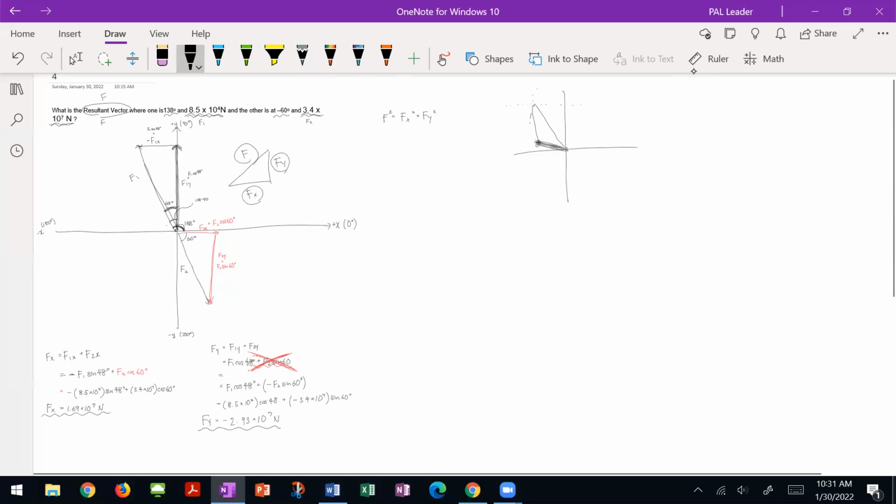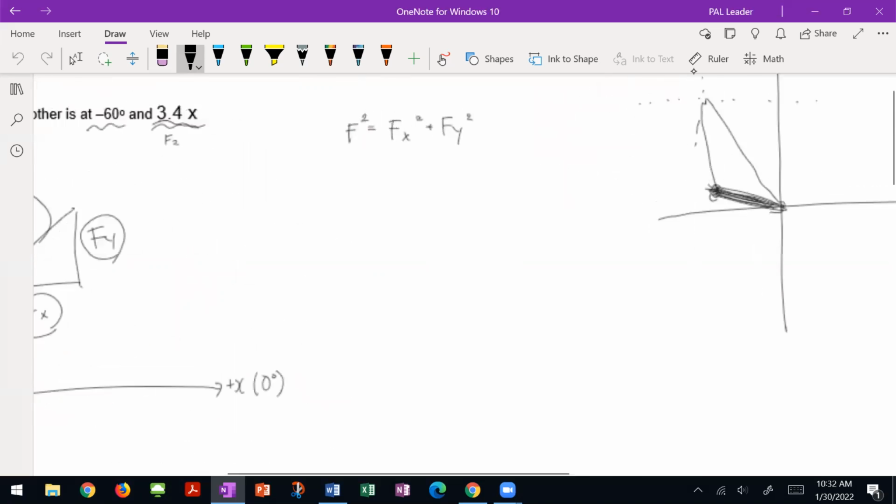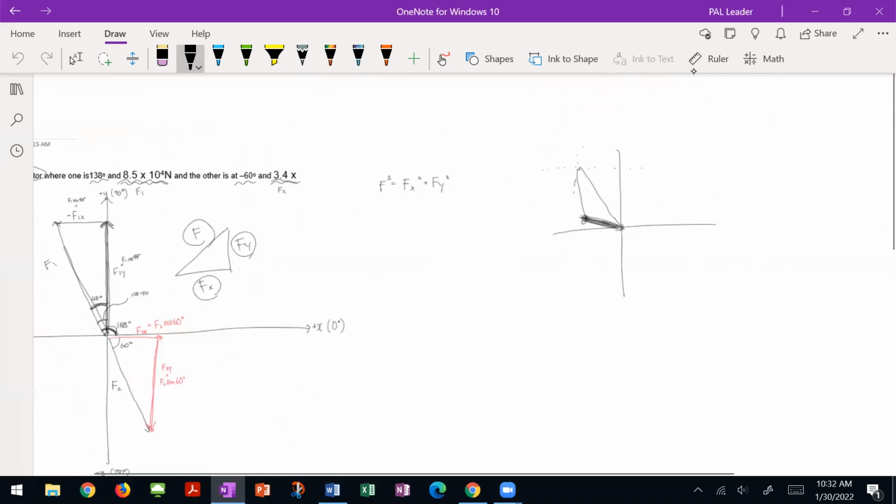I was going to say x might be negative, but our Fx value is positive. So at this point, I'm unsure if this is even correct, but let's just try and plug it in.